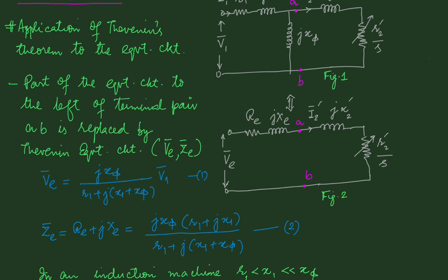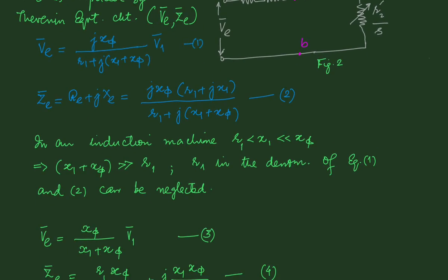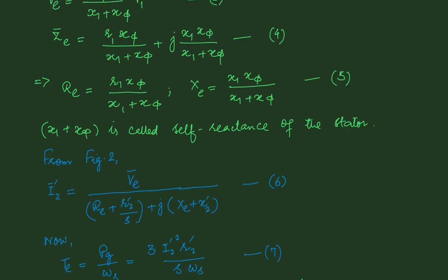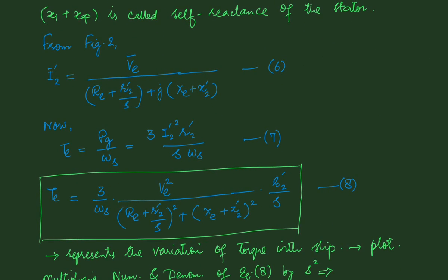And therefore, let's write the expression for the rotor current. Here, I2 prime will be VE divided by RE plus R2 prime by S plus j times XE plus X2 prime.